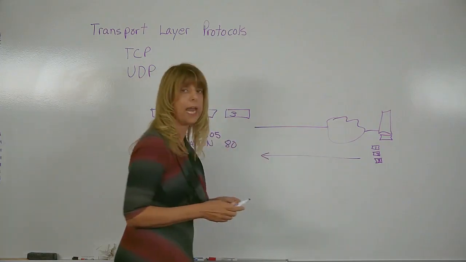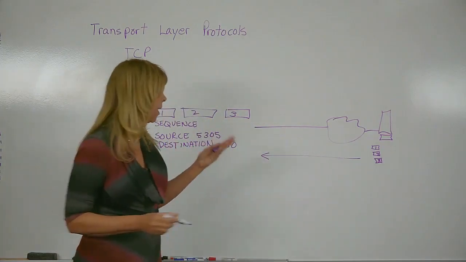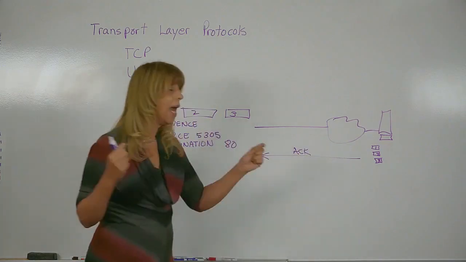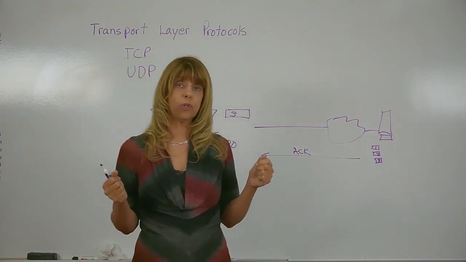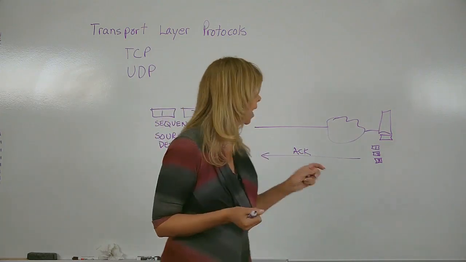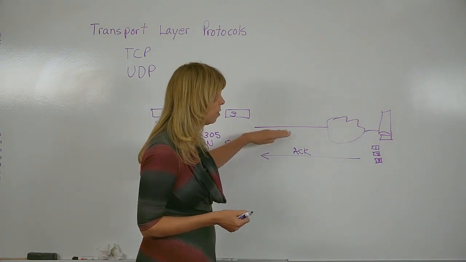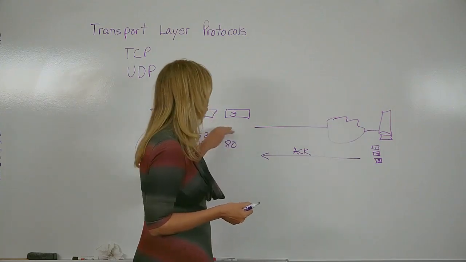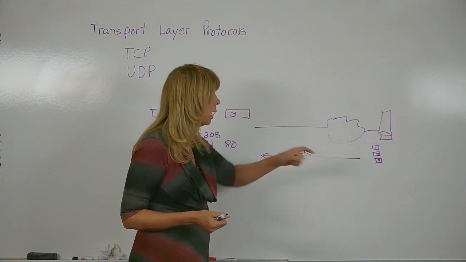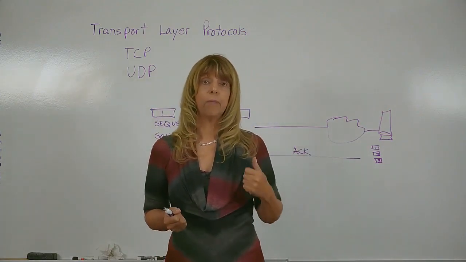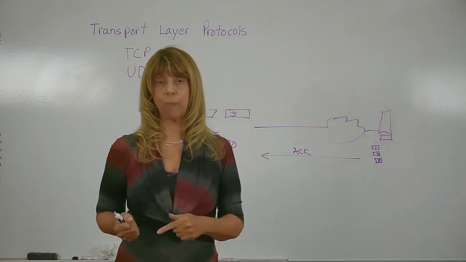So then I would send the next set of packets along the way. Constant communications goes on between the two devices, and this is the overhead I was talking about a little earlier. Constant communications goes on between the two end devices, the source and destination, to determine how many packets get sent before an acknowledgement comes back.